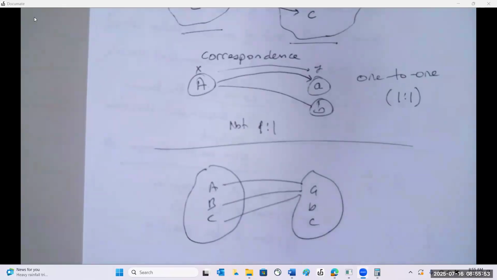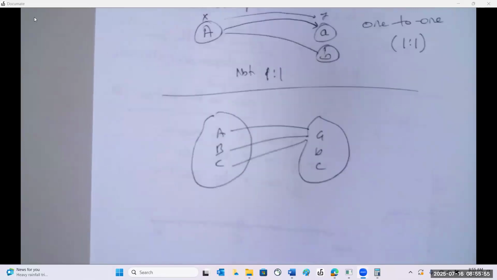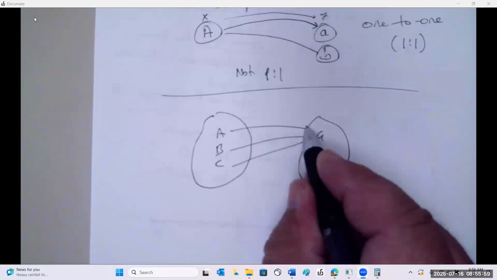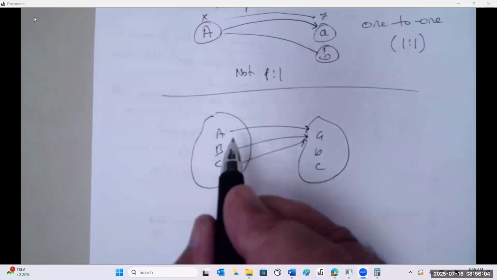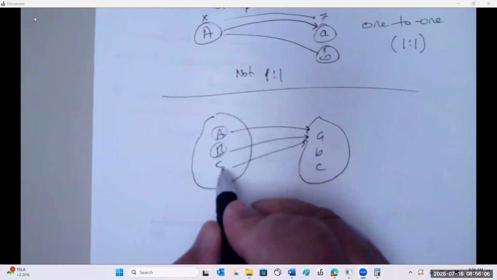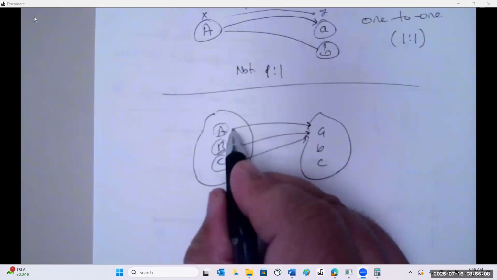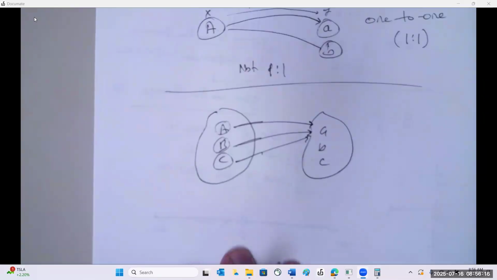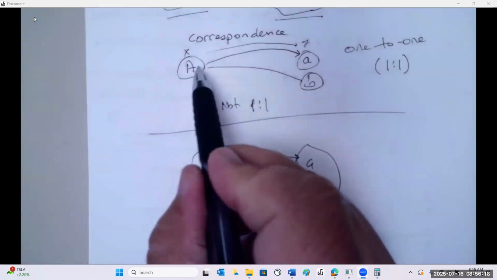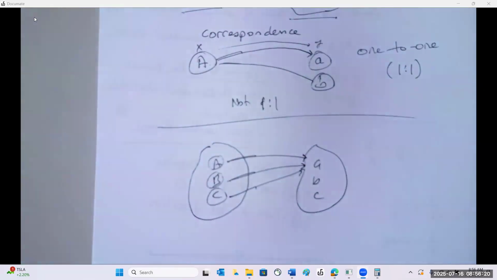Is that a correspondence? Why? I'll tell you why. Because as long as for each of these X values there's only one arrow going out of it, that's a correspondence. The problem comes when one X value has two arrows coming out of it.